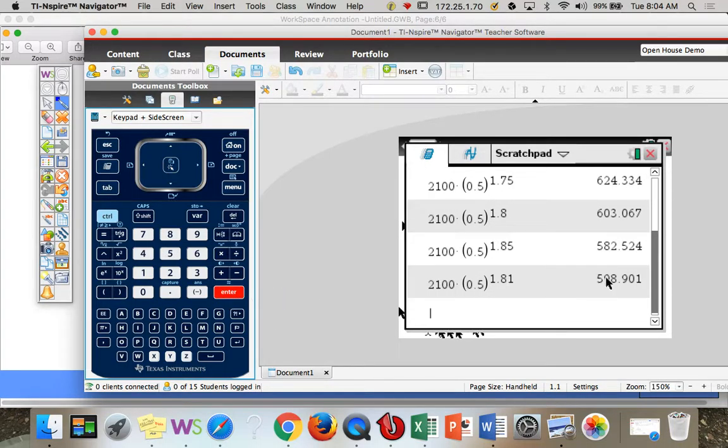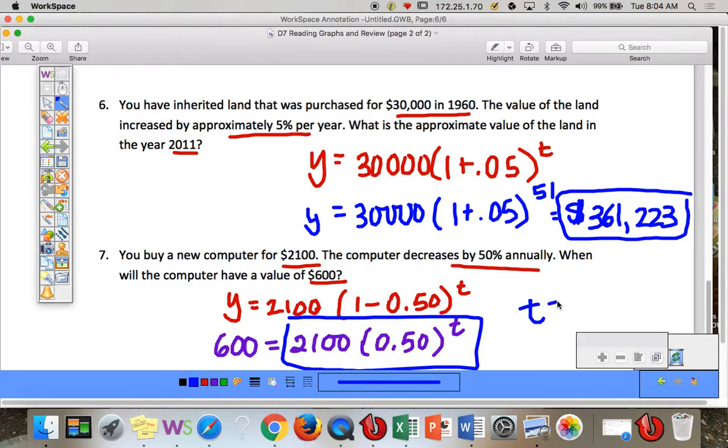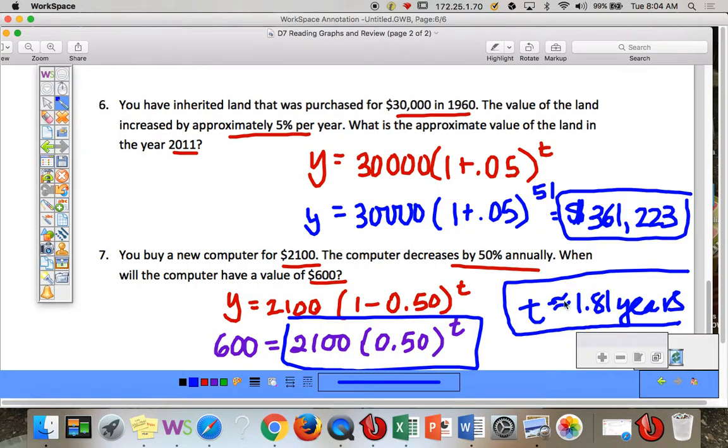Okay, so this is about $2 apart. I'll just say about 1.81 years. It's almost 2 years. All right, so again in class we'll do an activity on the computer and then you'll practice these word problems.